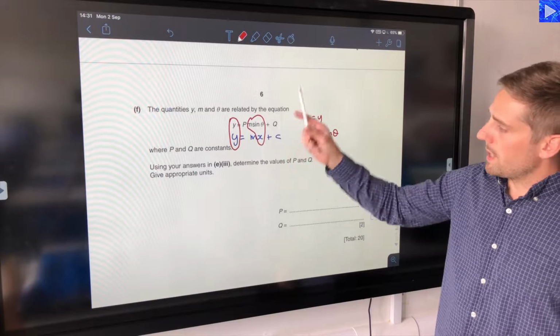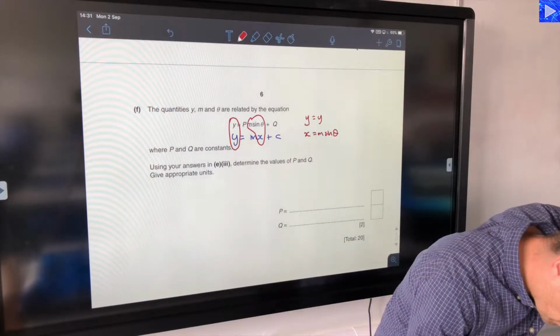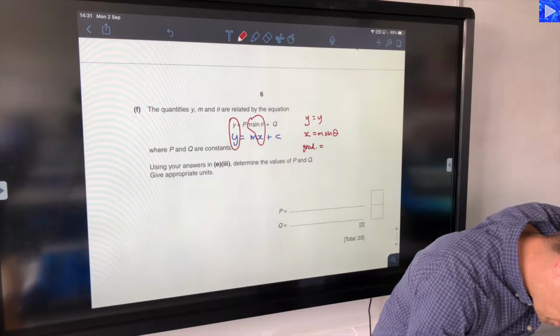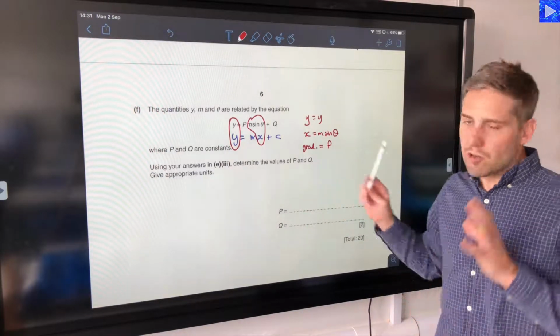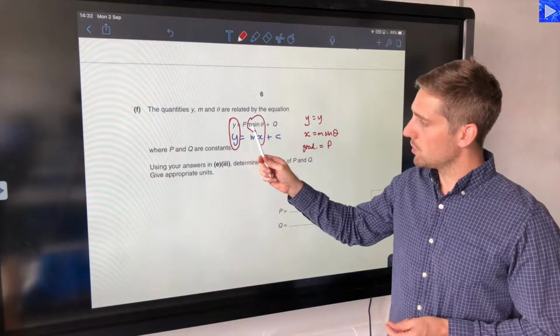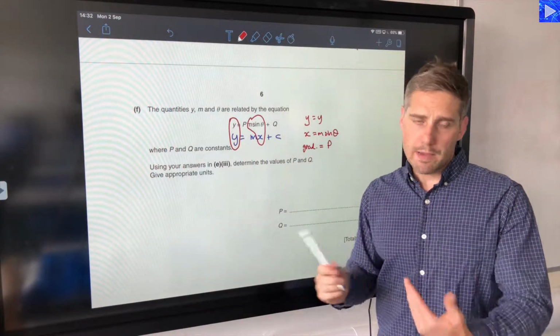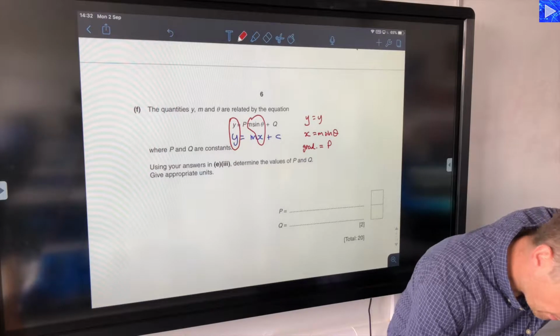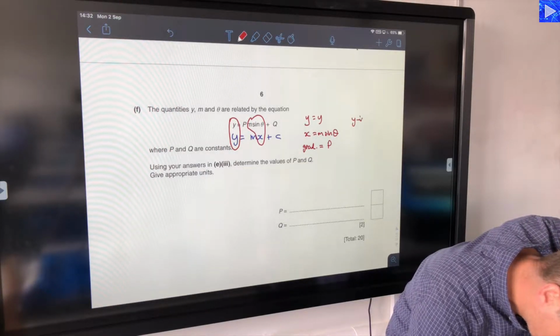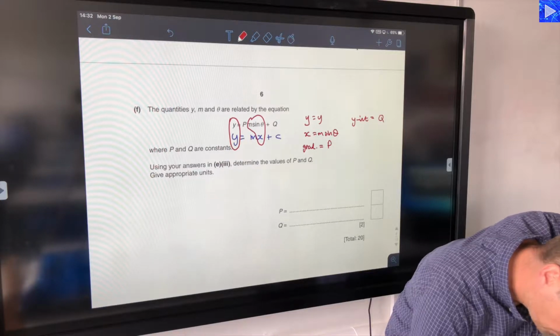Whatever is multiplied by x is your gradient, so gradient is equal to p. I like to write gradient and y-intercept just in case you have things like m in your equation, so I'm not confusing m with gradient. Gradient is p and y-intercept is equal to q.